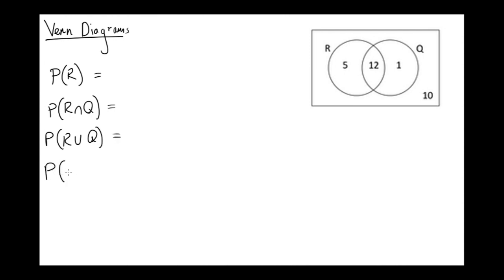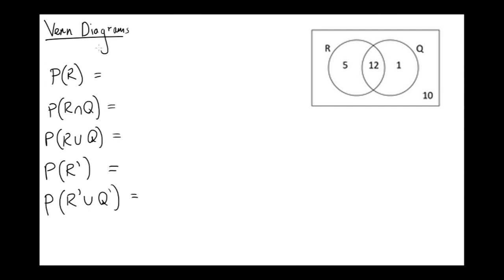And let's go for the probability of not R, and finally the probability of not R or Q.